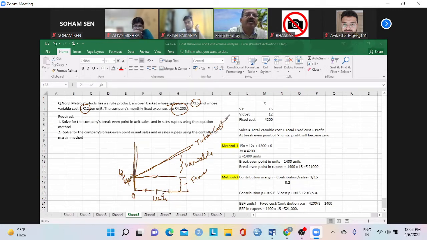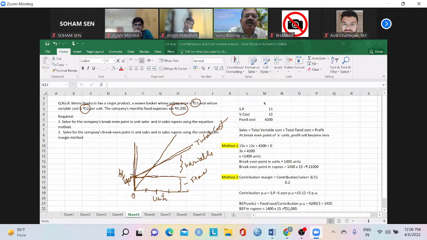Then I would like to draw the sales line. If my sales is 0, then 0 rupees. But if my sales is 100, 100 into 15, 1500. If my sales is 200, it will be 3000.